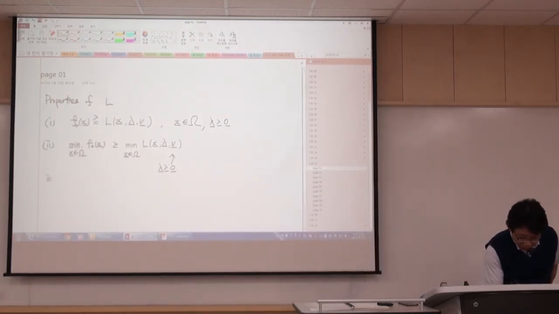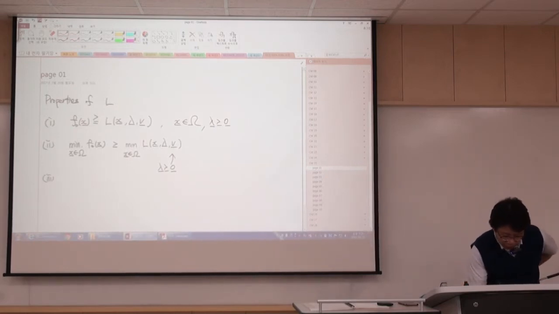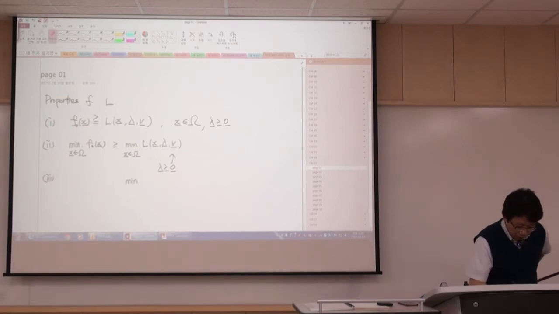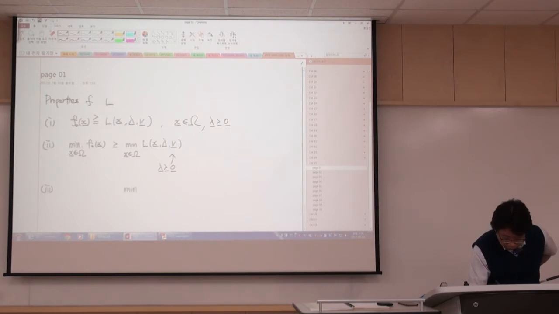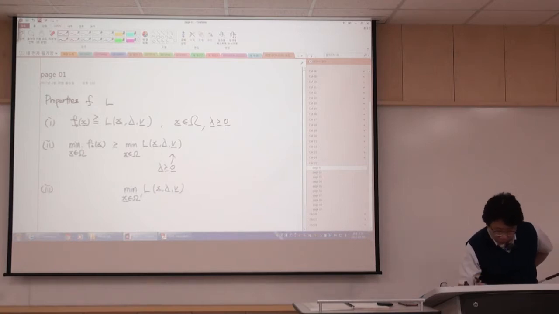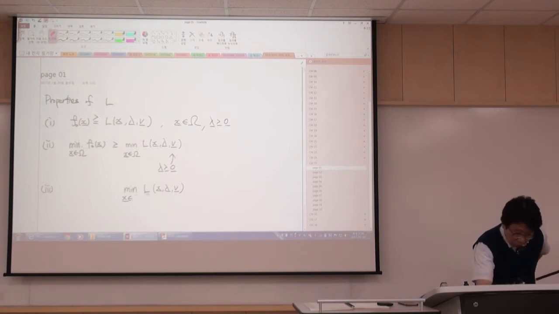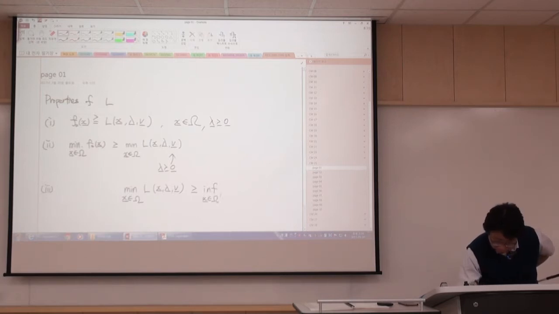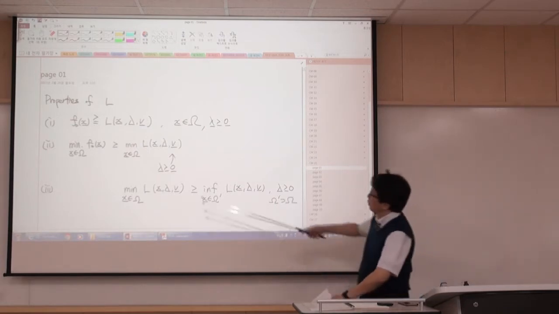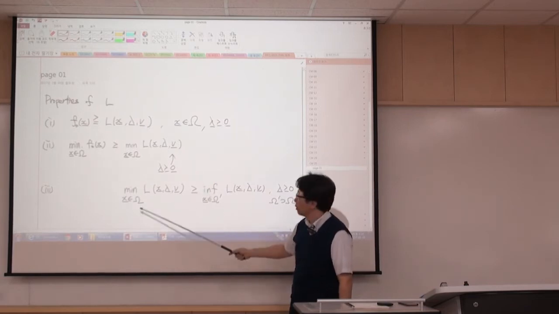Now, the third property is this one. So, now this side, the right-hand side, stays there.